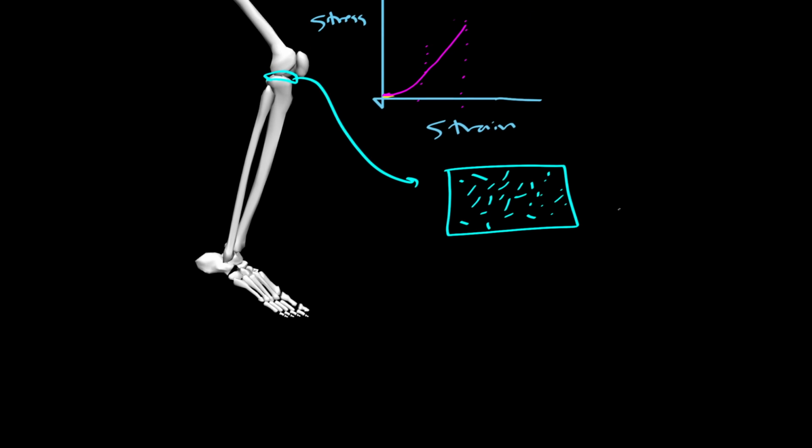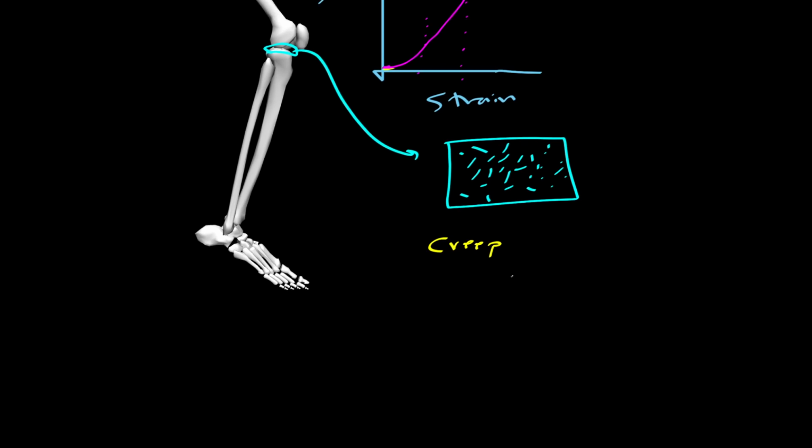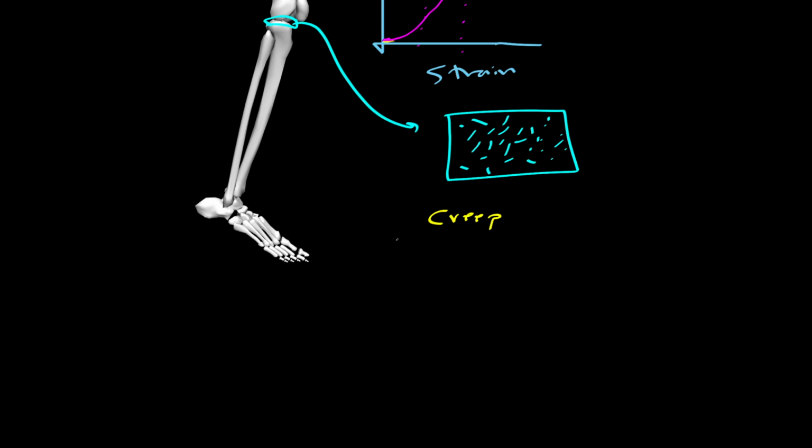There's also a mechanical property that cartilage displays called creep. And what that looks like is this. Imagine you have some constant stress, meaning force divided by area, that you're going to apply to some cartilage. You apply that stress, and then the cartilage will deform, of course.